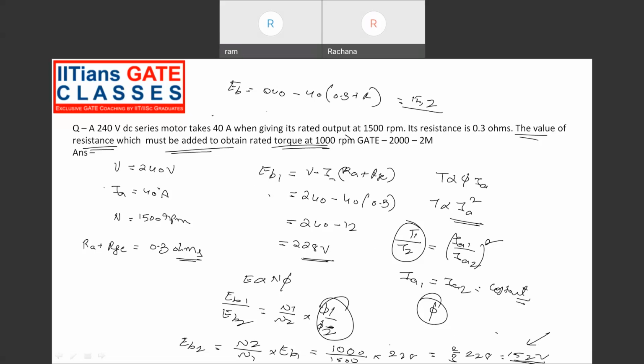If you solve this expression, R is equal to 240 minus 152, that is 88, divided by 40, minus 0.3, which gives us 1.9.